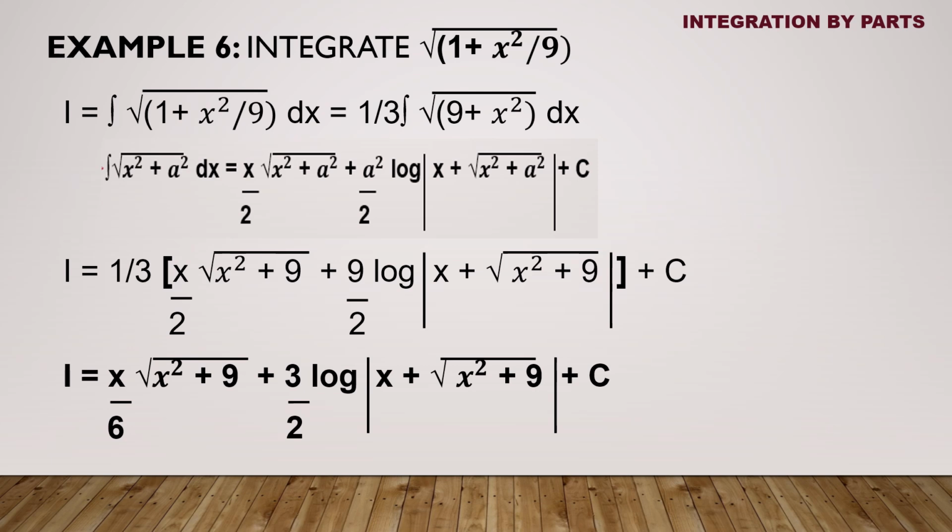In the integral I have written over here, you just have to put the values. Your x is x and your a is 3, since 9 means 3 square. So just put the values and the final answer is x by 6 root of x square plus 9 plus 3 by 2 log of mod of x plus root of x square plus 9, plus c, just using the formula.